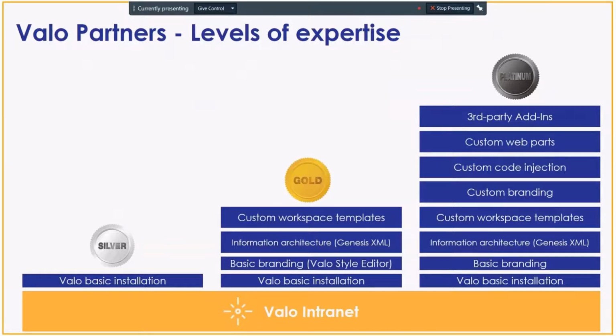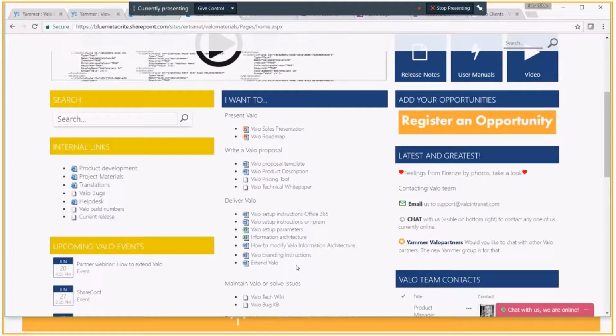Then the branding with the visual branding tool is explained in detail in a separate document called Valo Branding Instructions. And the topic of today's session, the hardcore coding stuff, is in a further document called How to Extend Valo. And now I will let Tommy continue from here.